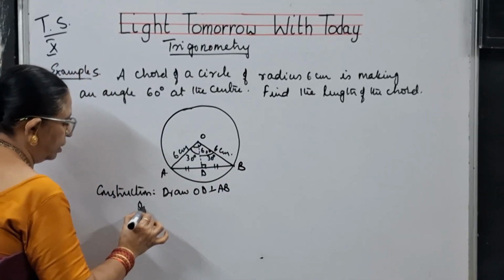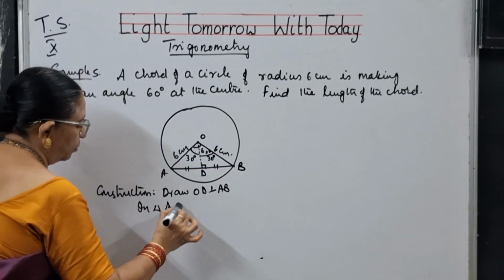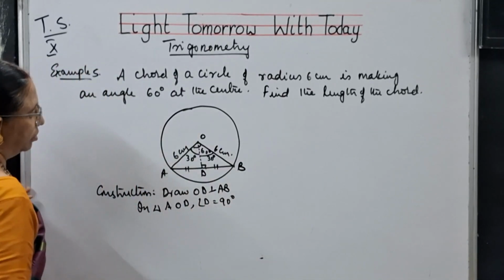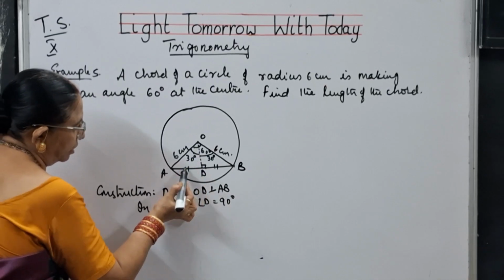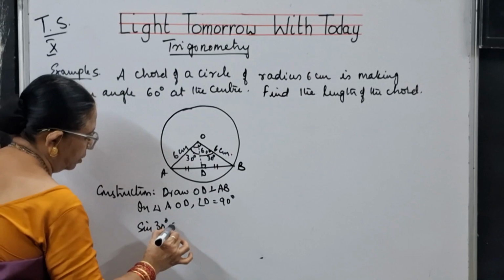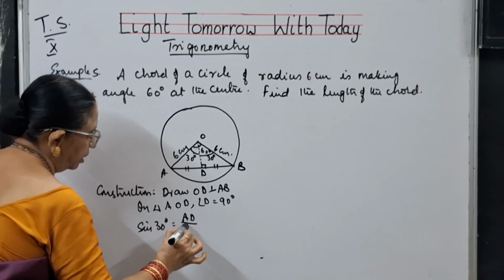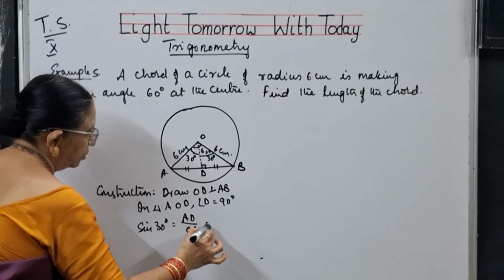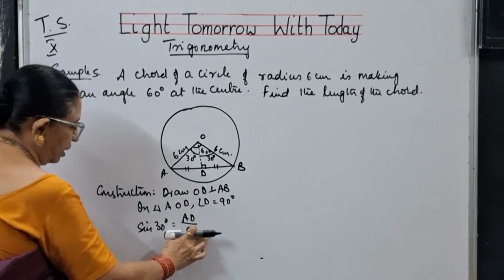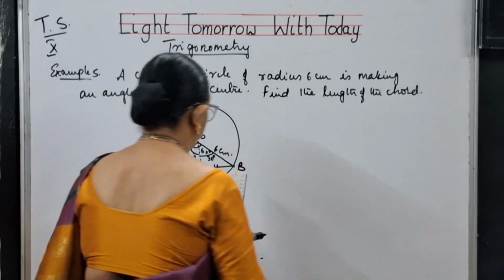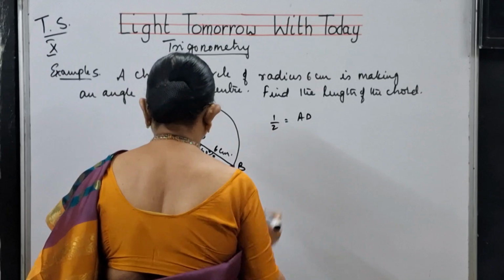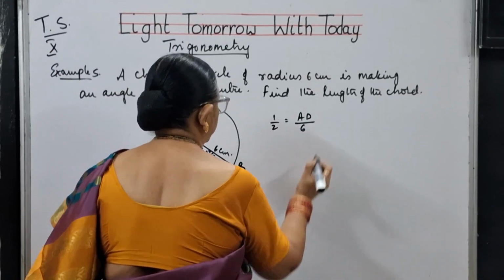So, in triangle AOD, angle D is 90 degrees. See, sine 30 is opposite side by hypotenuse. Sine 30 degrees is equal to AD by OA. What is sine 30 degrees, children? Sine 30 degrees is 1 by 2. So 1 by 2 is equal to AD by OA, which is 6.